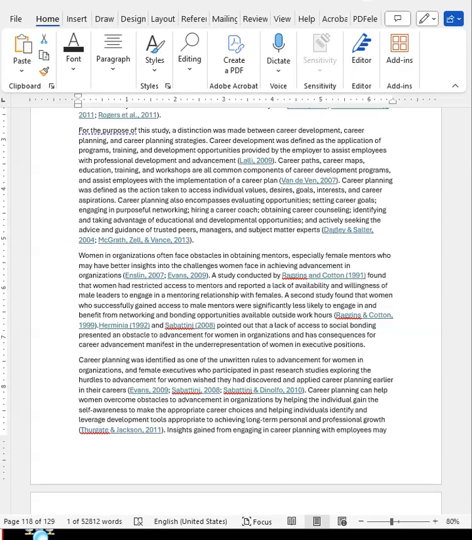Van de Ven, 2007. Career planning was defined as the action taken to assess individual values, desires, goals, interests, and career aspirations.